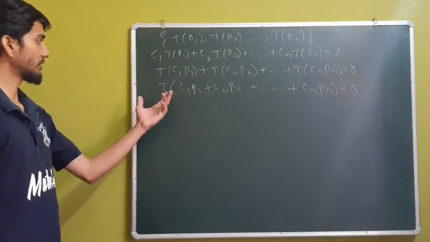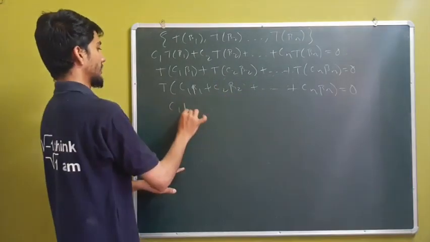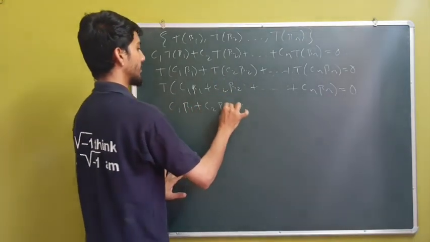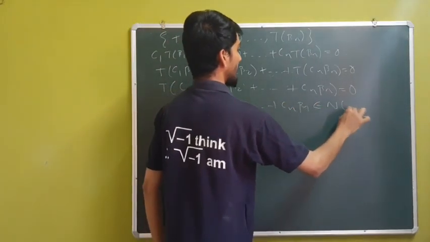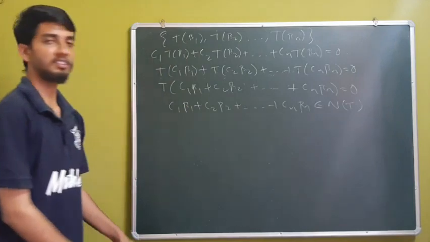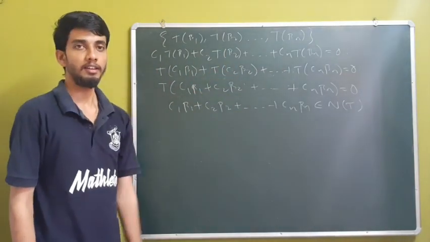Since this is mapped to 0, this must be in the null space, isn't it? T of alpha equal to 0, so this must be in the null space.